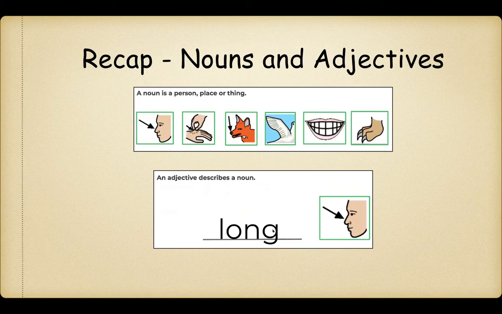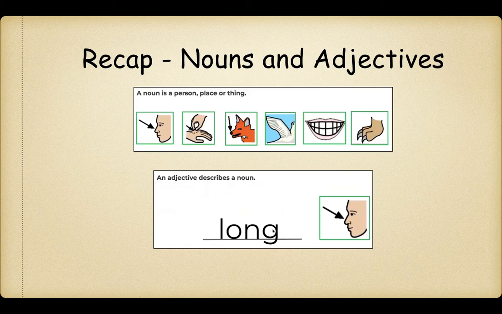If you remember, a noun is a person, place, or thing. So for instance, nose, pinch, or hand, or bird, teeth, or claws are all nouns. They are naming words. Could be a person, could be a place, or a thing.